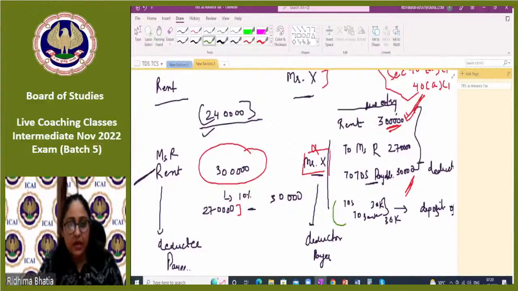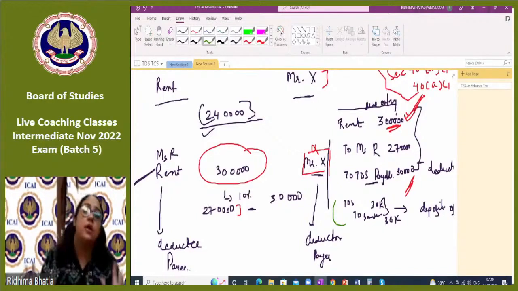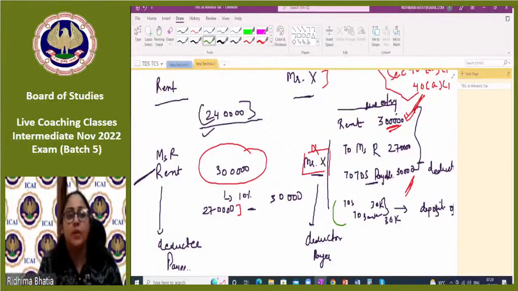Anyone has any doubt? This is just an overview of what the concept is and how things work, so that when we do each section step by step, you know how things are. So now it would not be a curveball on you, like what a deductor is, what a deductee is, what is what. I hope everything is clear.